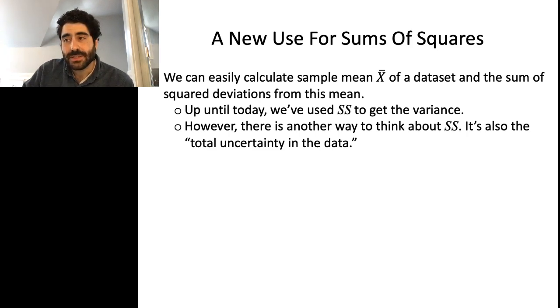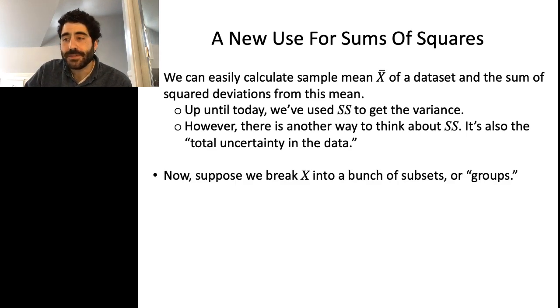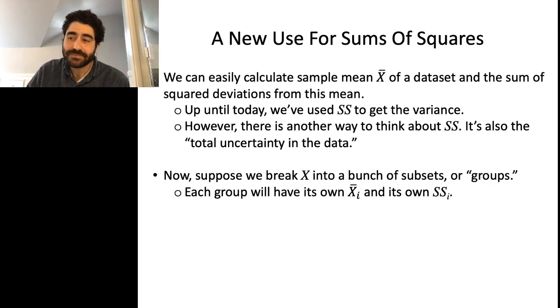So the idea is if we just have our whole data set, these deviations tell us about how much variability there is among the different people in our data set. And we want to figure out, can we break down this data set into groups that have smaller deviations, right? So for example, we could compute the sum of squared deviations inside each group.